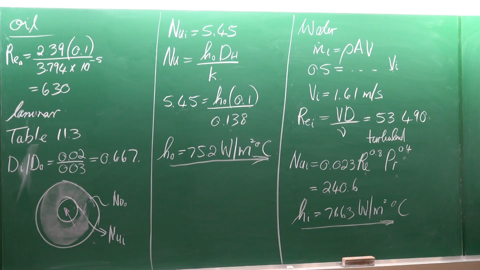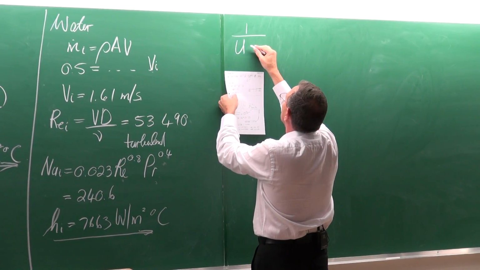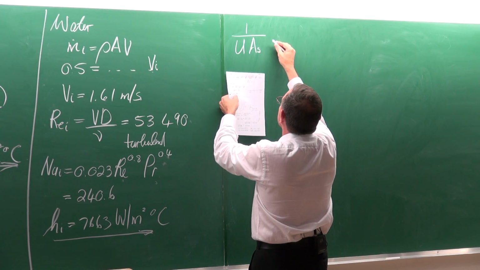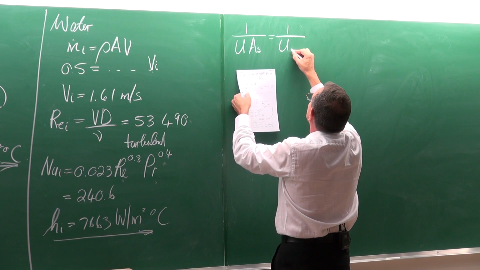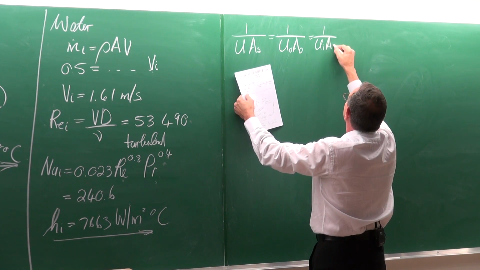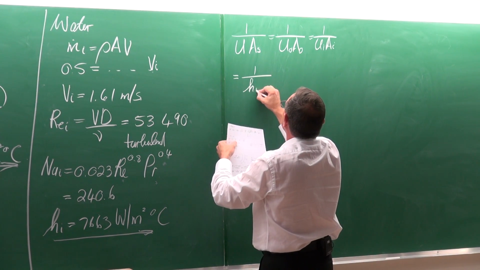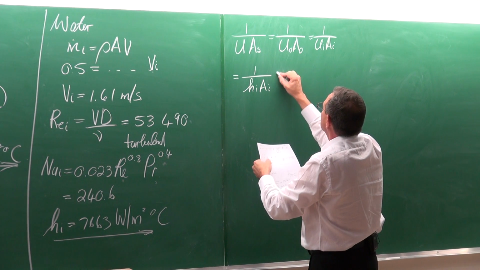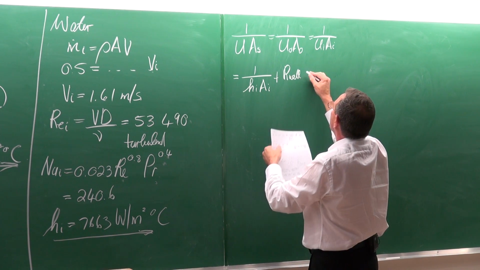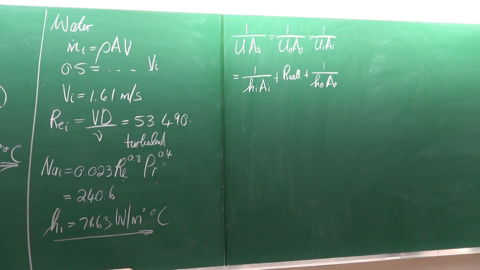So if we look at the case now of calculating the overall heat transfer coefficient, 1 divided by the overall heat transfer coefficient U multiplied by the surface area is equal to 1 divided by the heat transfer coefficient and the area on the inside, plus the resistance of the wall, plus 1 divided by the heat transfer coefficient and the area on the outside.